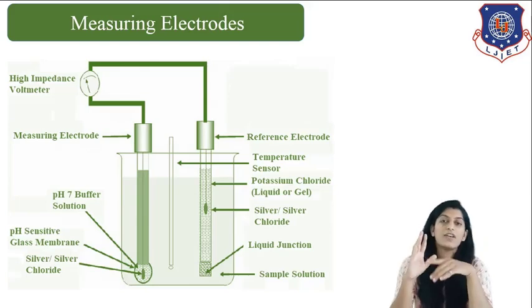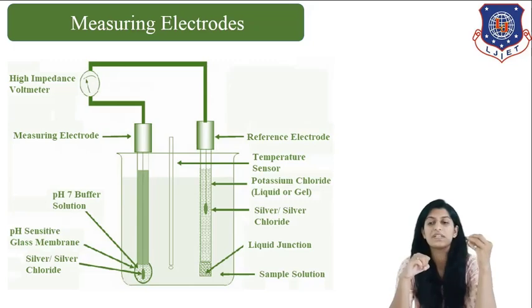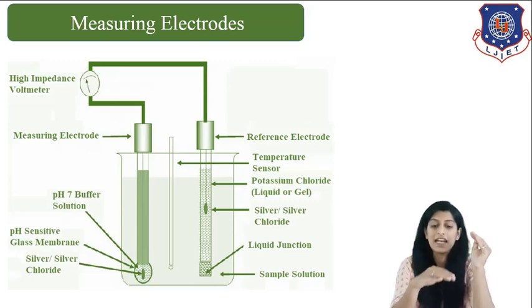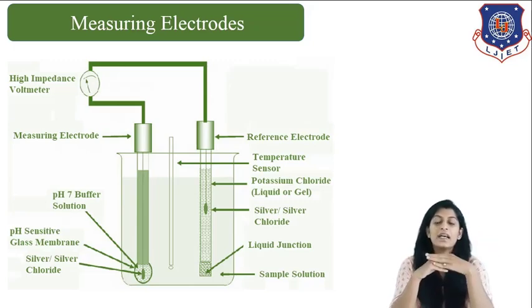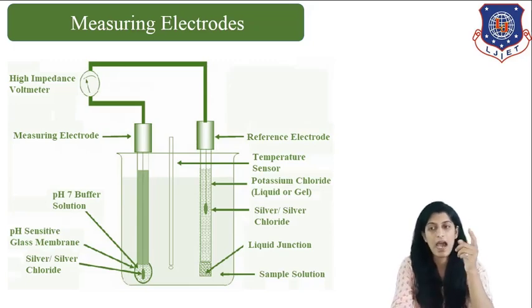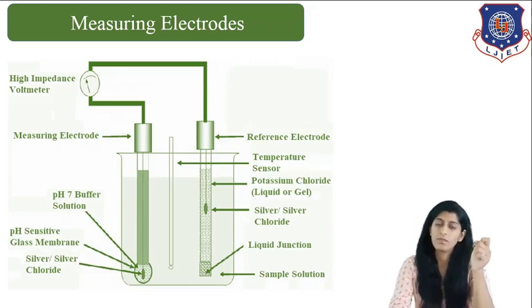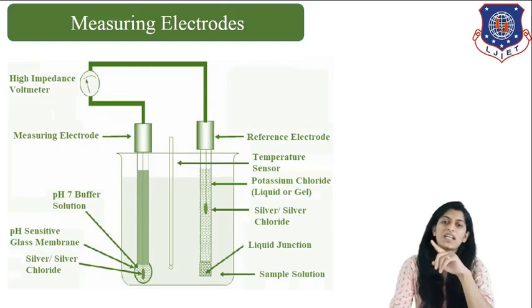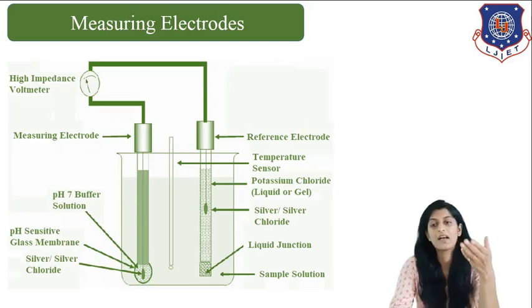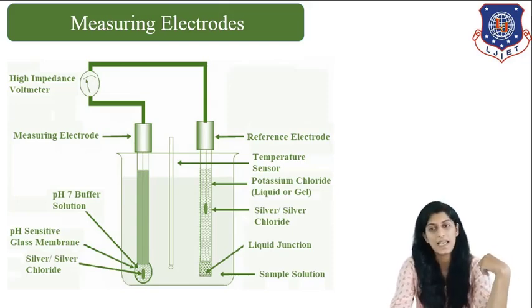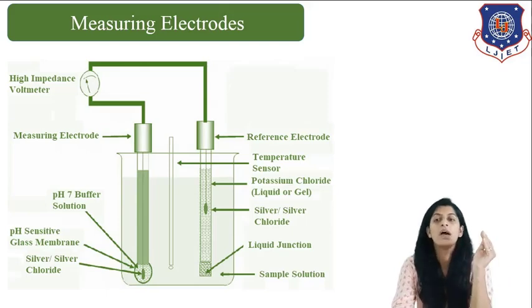Due to this flow of electrons, a potential difference is generated, and that potential difference is then reflected in our voltmeter. This reading in the voltmeter is then converted into the pH scale. Correct. So, this is how our electrode works.